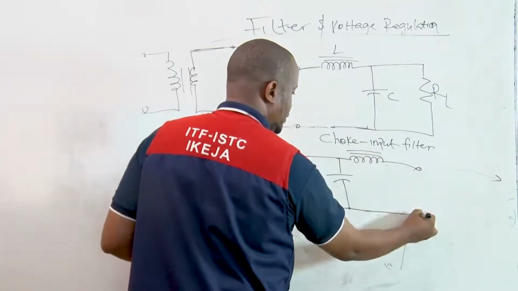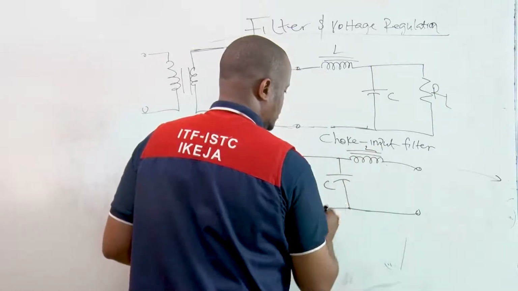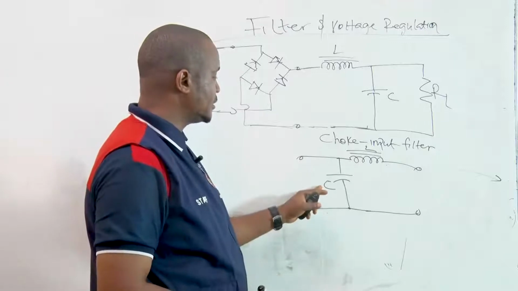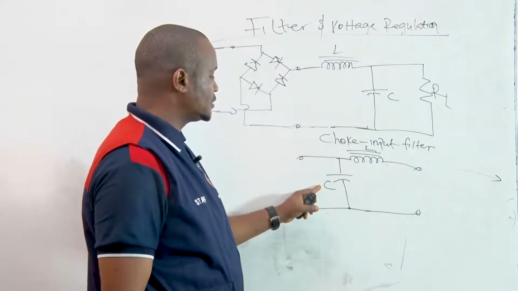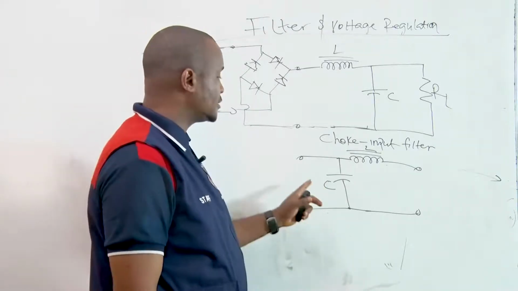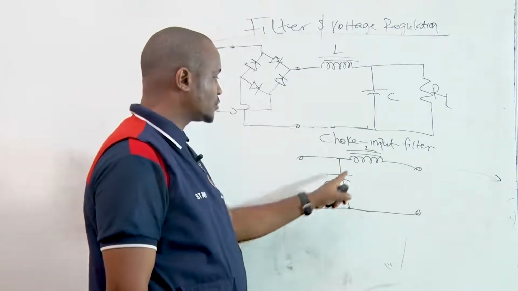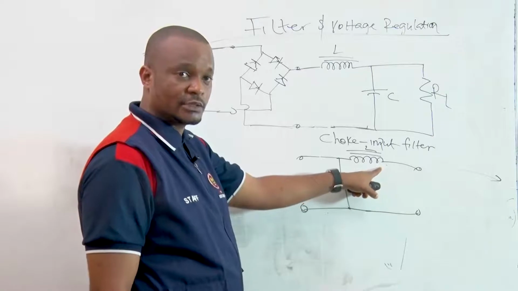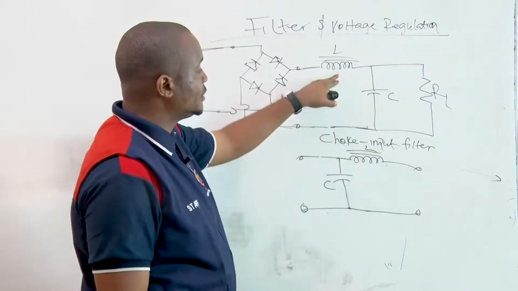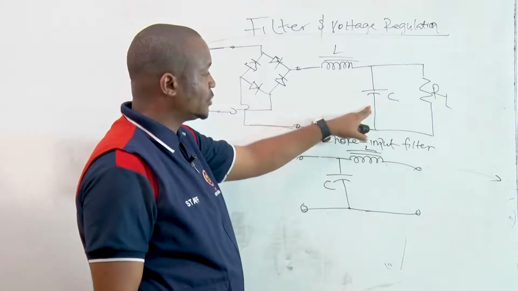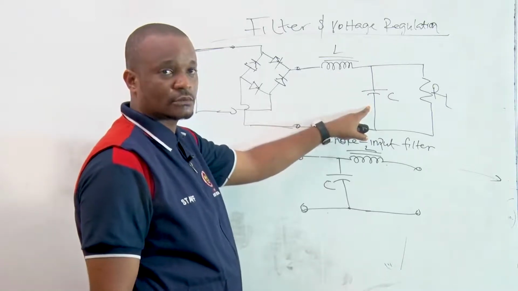So this is another arrangement where the capacitor is connected. Remember, I said under LC, types of filter. Under LC, we have the capacitor connected in shunt with the inductor in series, or we have the inductor in series and the capacitor connected as the shunt.